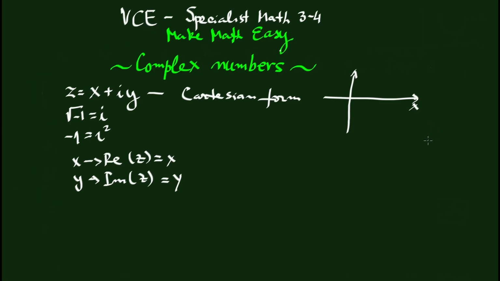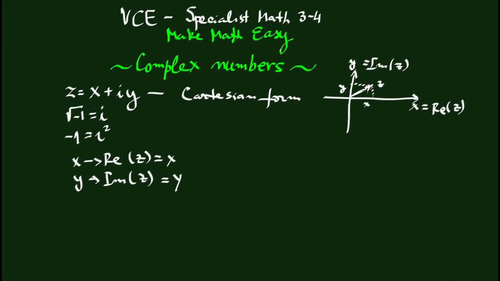The only thing we make different, we say this is the real part of z, and y is the imaginary part of z. So if you have a complex number z, you can show it as having the coordinates here of x and coordinates of y. But you can also say that it is a vector.